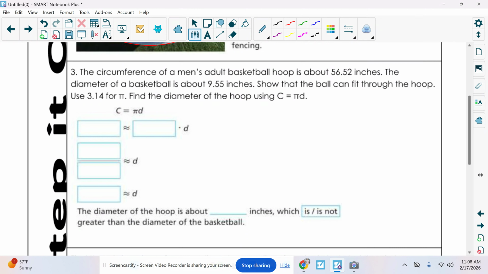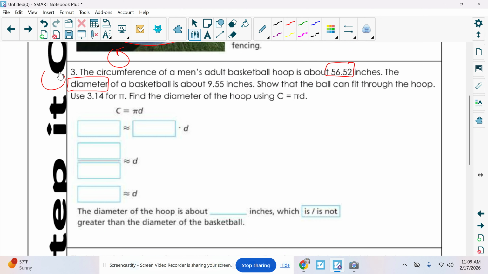Okay? So, the circumference means the distance around, you should be thinking, looking at your formula sheet, of a men's adult basketball hoop is 56.52 inches. That's the basketball hoop's circumference.